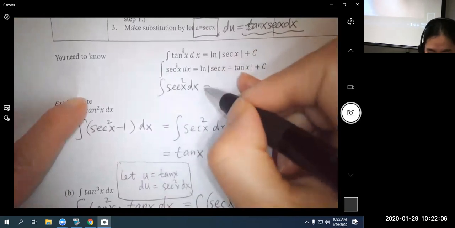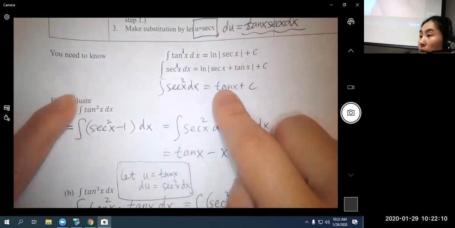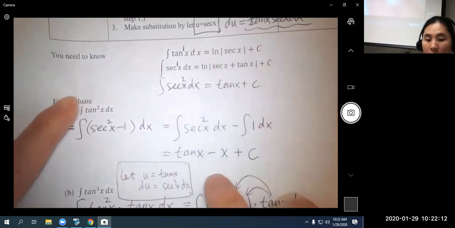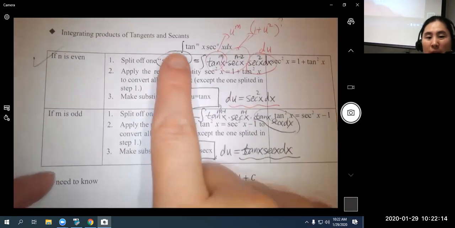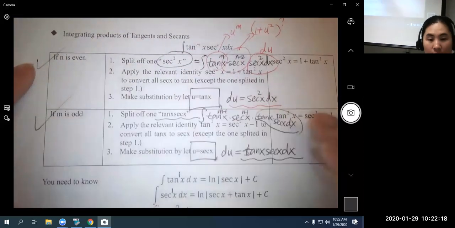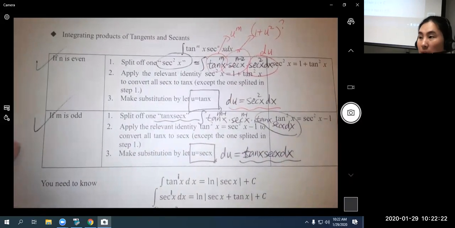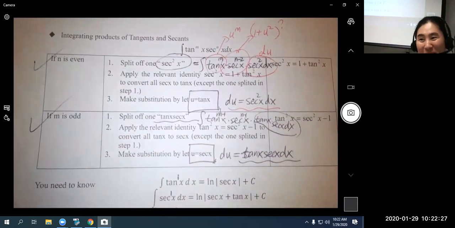This is easy, right? Tangent of x plus C, okay, we did those, which only involve tangent or secant. Also, we did the combined cases of tangent and secant. What are the two cases? So this is the second part. Everybody clear? Okay, I think you're ready to practice by doing your homework assignments.